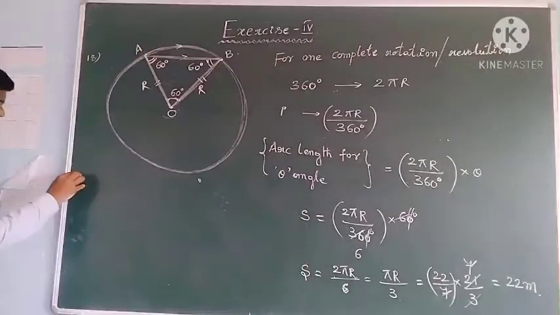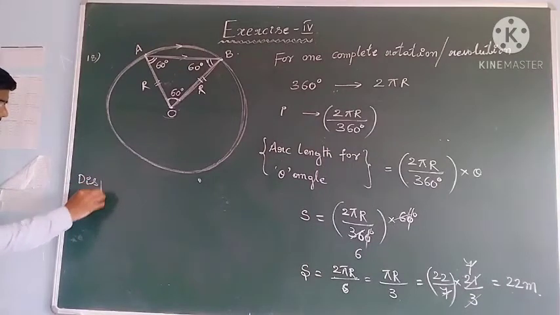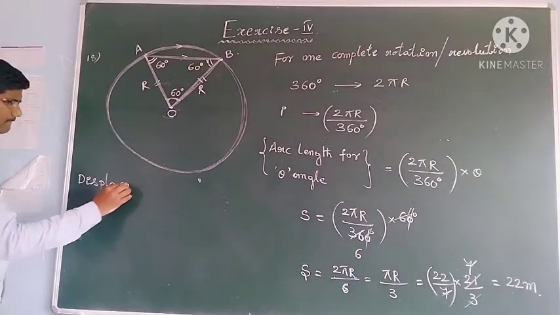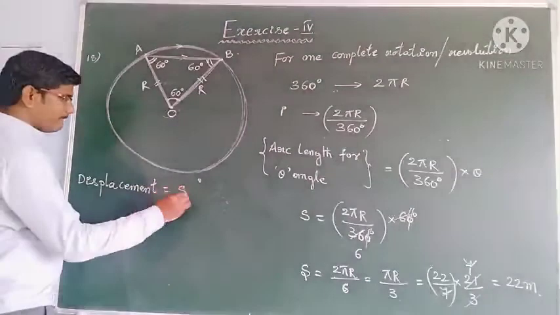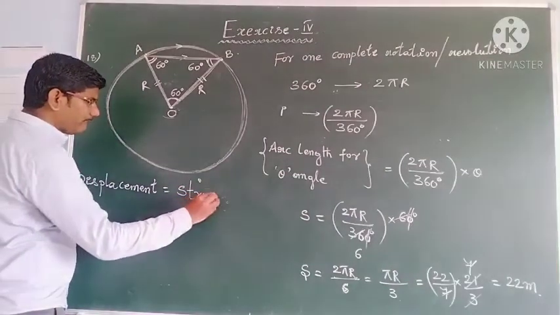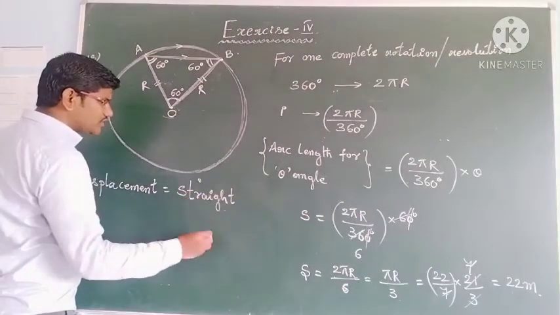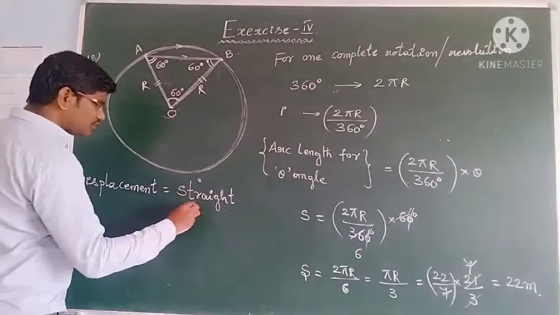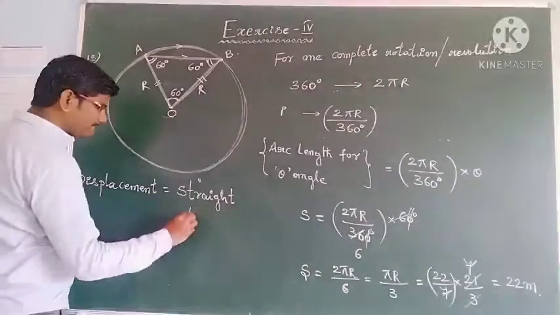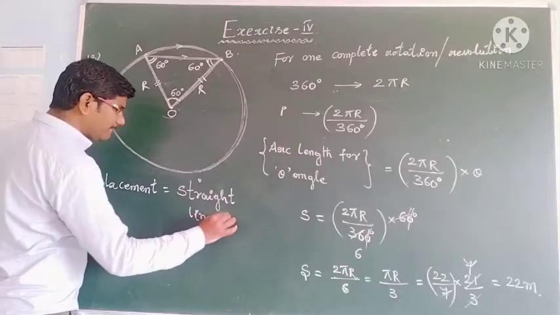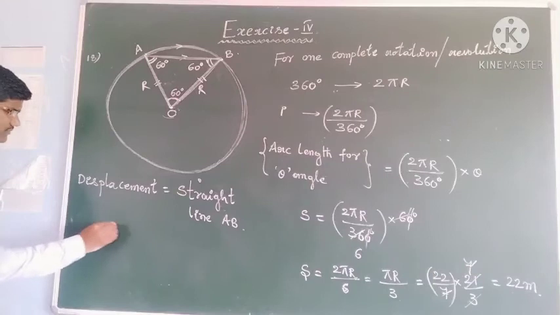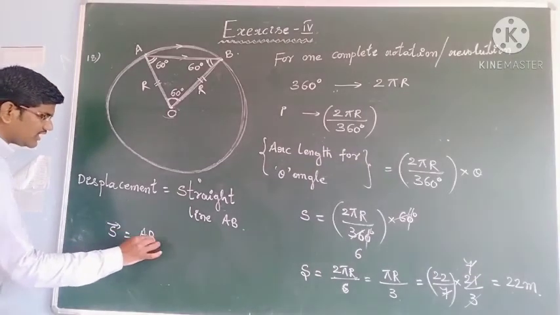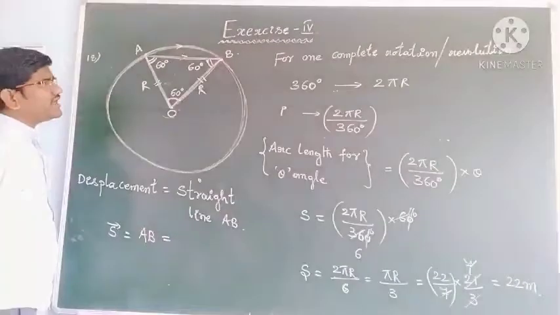So displacement is equal to straight line AB. Okay, students, then displacement S bar is equal to AB, and you got an equilateral triangle here, see.